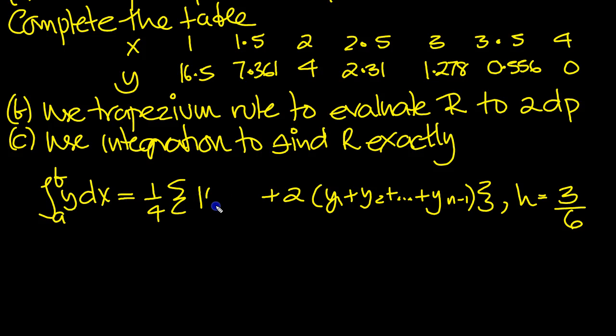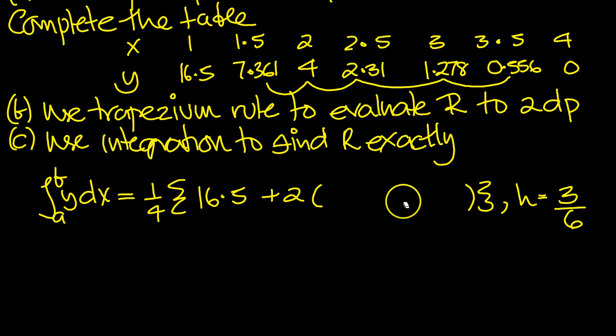So that'll be 16.5 plus 2 lots of all the ordinates in between. So this one, this one, this one, and this one here at the end, 1, 2, 3, 4, 5 of them. Okay, so let's do that then. We'll put them in here.